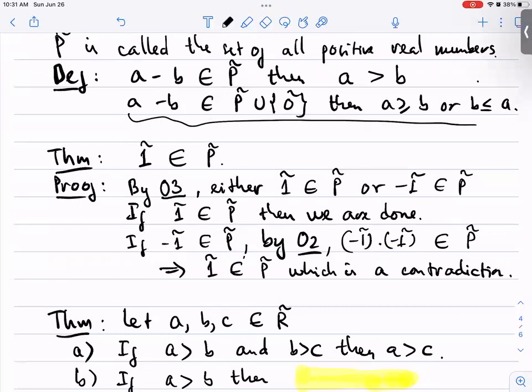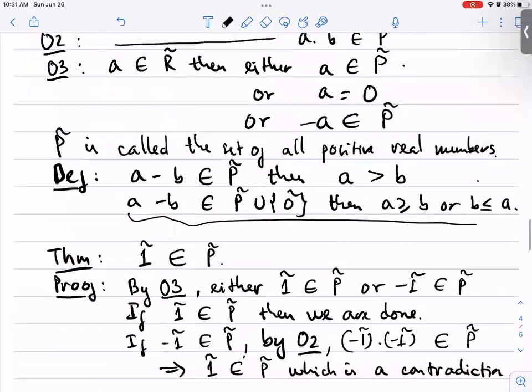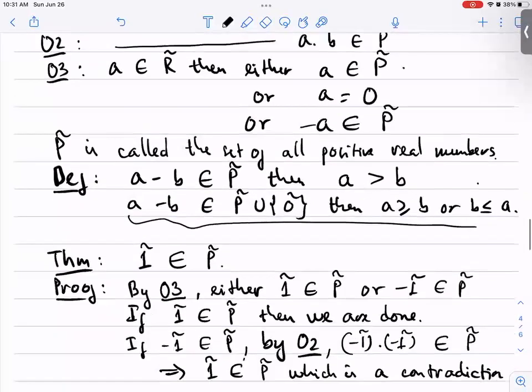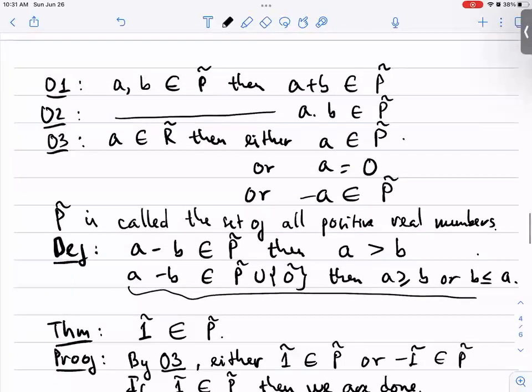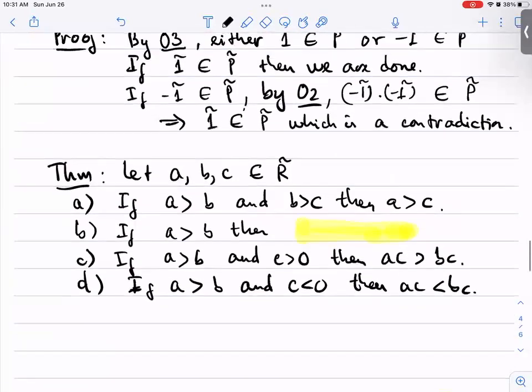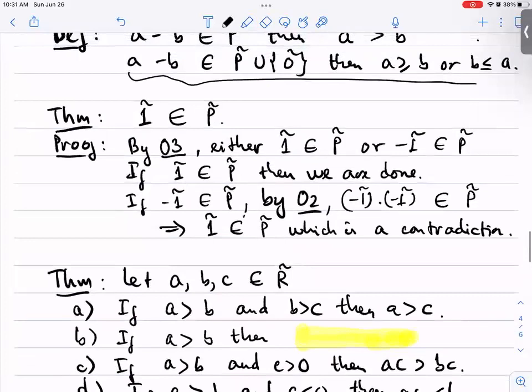If 1 is an element in this set, then we are done. In the other case, if minus 1 is an element in this set, then by the second axiom, you multiply minus 1 with itself.